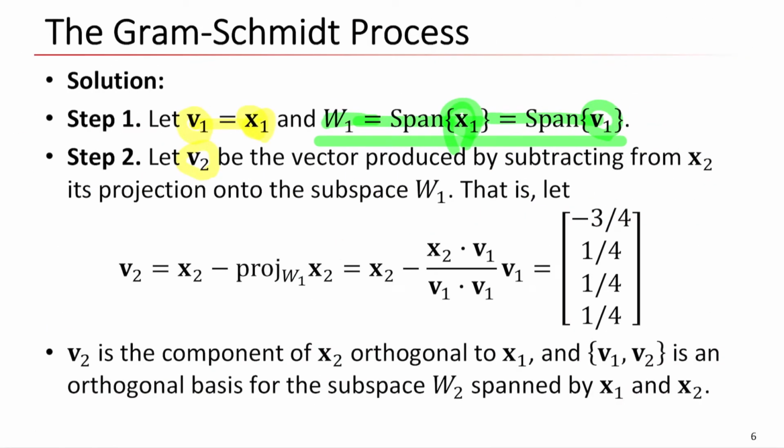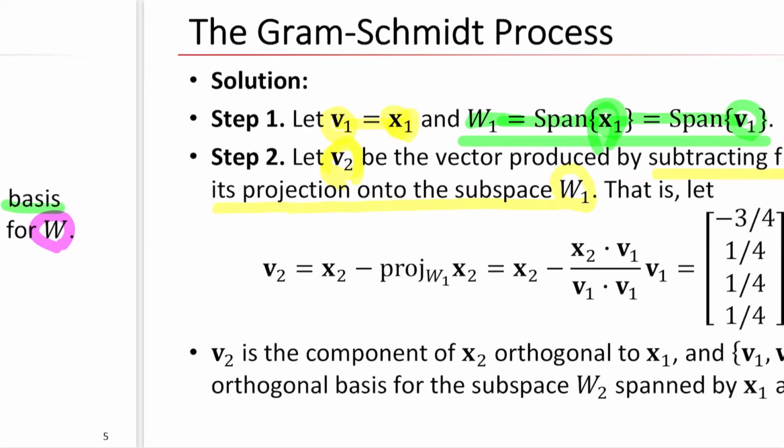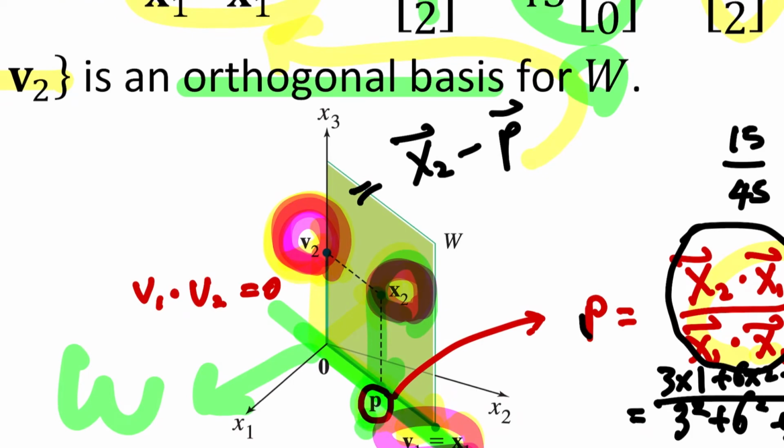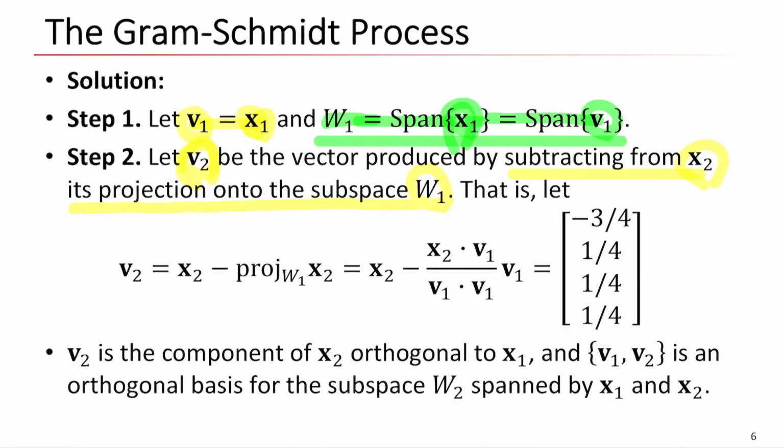Then how can we do that? The vector v2 will be the vector produced by subtracting from x2 its projection onto the subspace W1. Something like this, x2 minus p, right? So v2 is defined as x2 minus the orthogonal projection of x2 onto the W1 space.